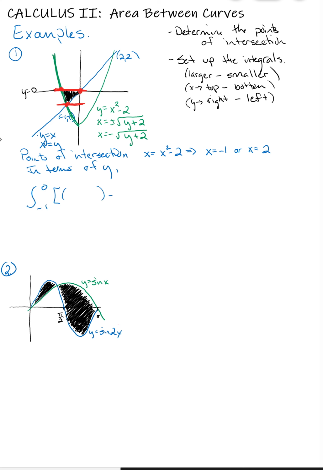So again, in terms of y, the rightmost is this one, and that is the equation x equal to y. And the leftmost is this one, and that is the equation x equal to negative square root of y plus 2.